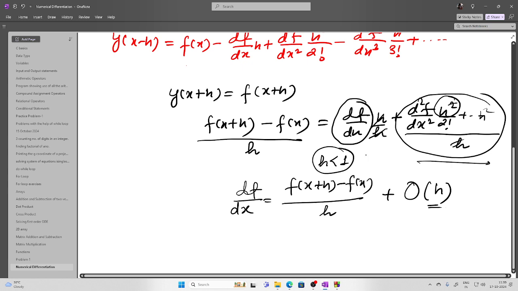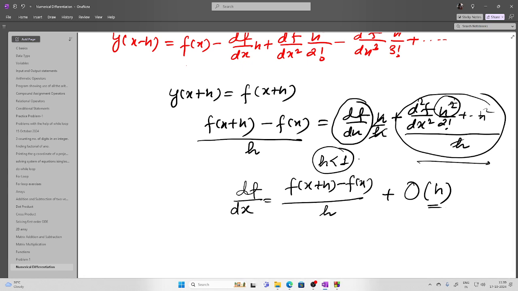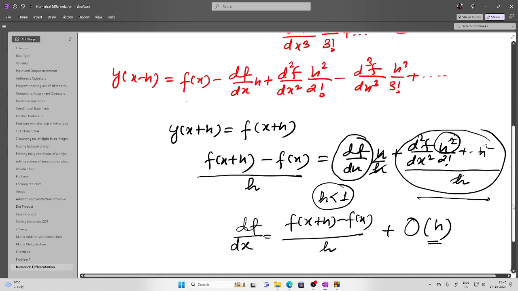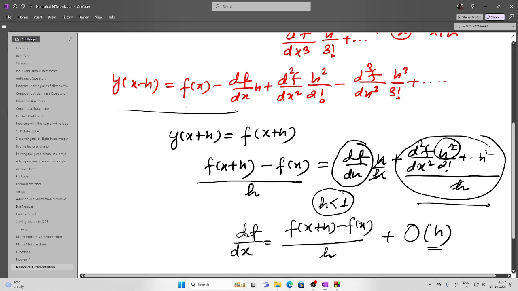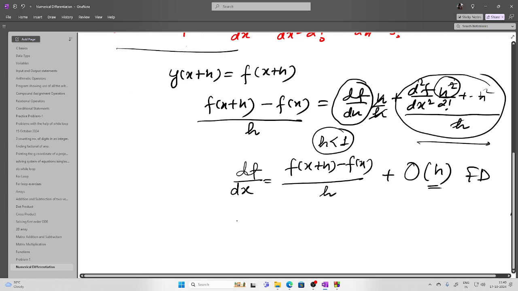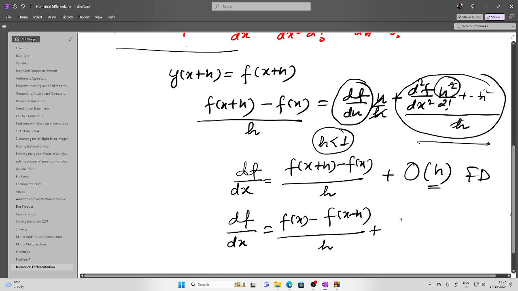So if, let's say, h is 0.1, we will be accurate up to about 0.1 after the decimal. This is called the forward difference. If you move in the backward direction, what you will get is f(x) minus f(x minus h) divided by h, and the order will again be h.